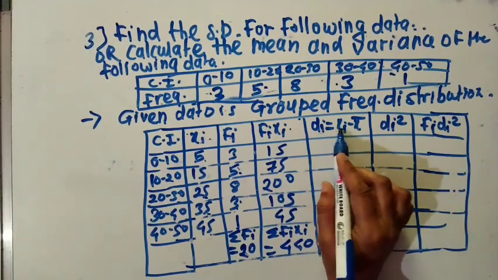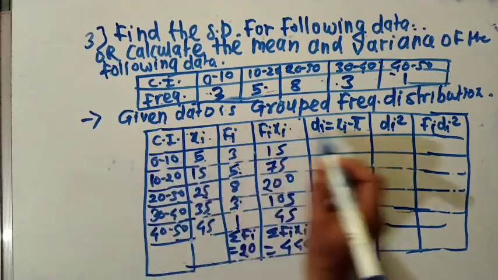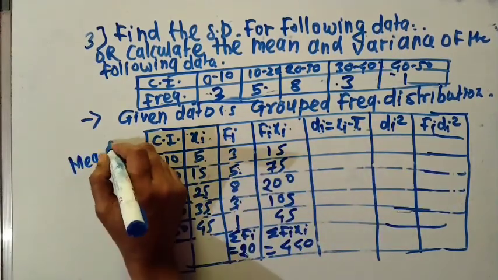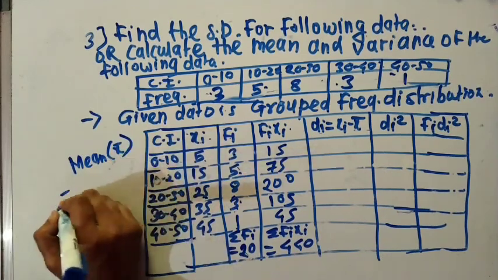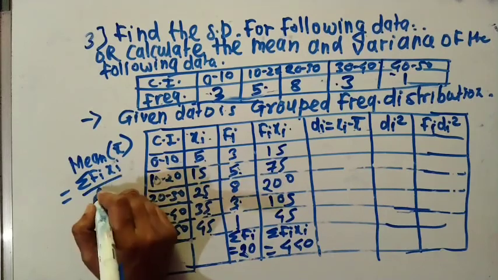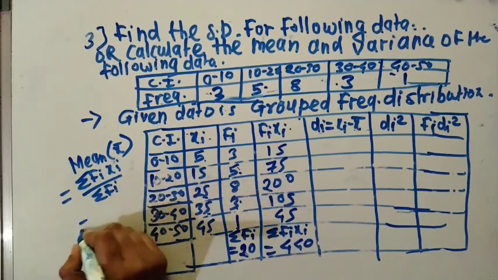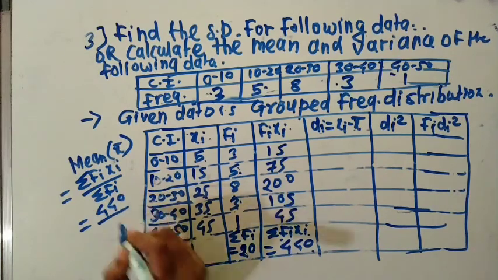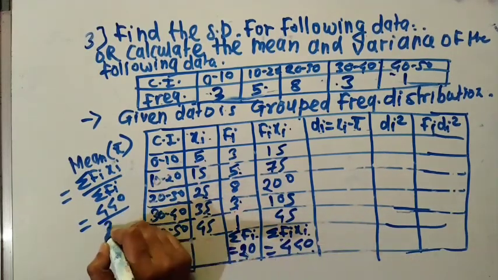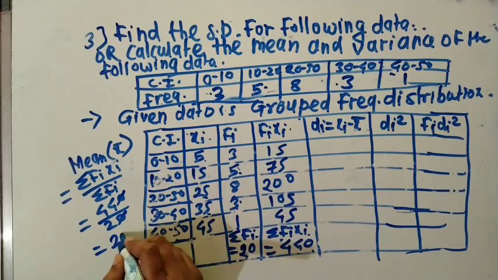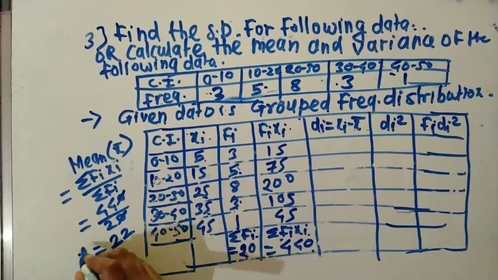Then di is equal to xi minus x bar, so first we find x bar. x bar is equal to summation of fi xi upon summation of fi, means 440 upon 20, so x bar is equal to 22.